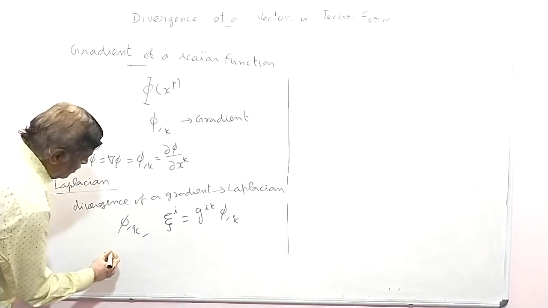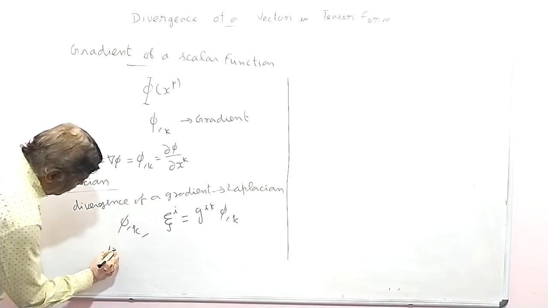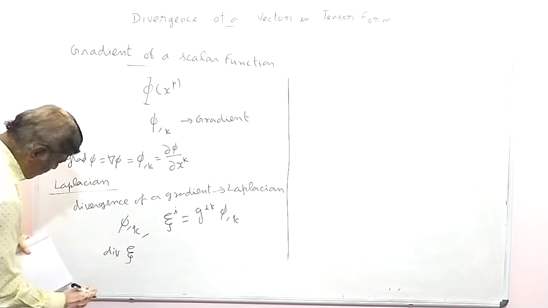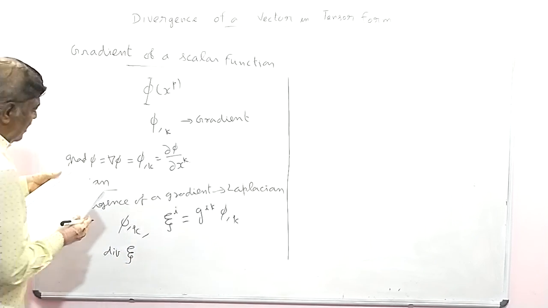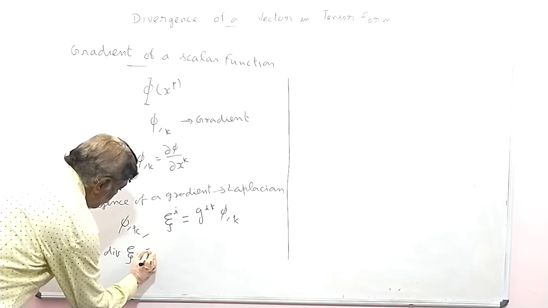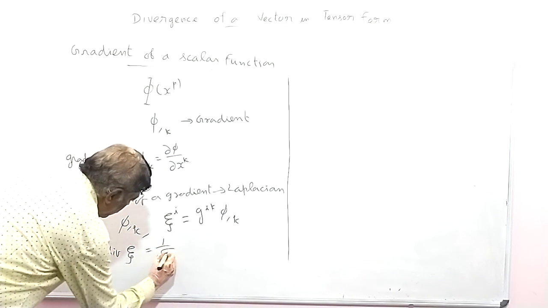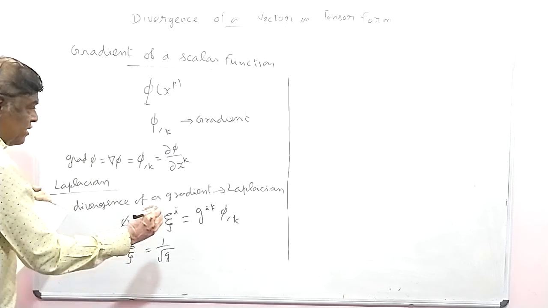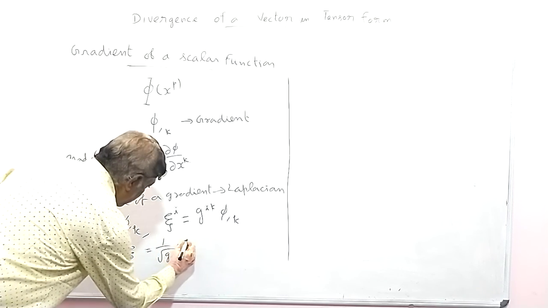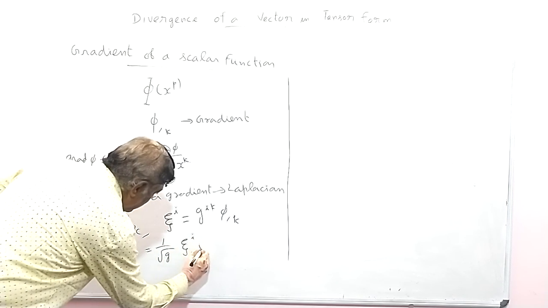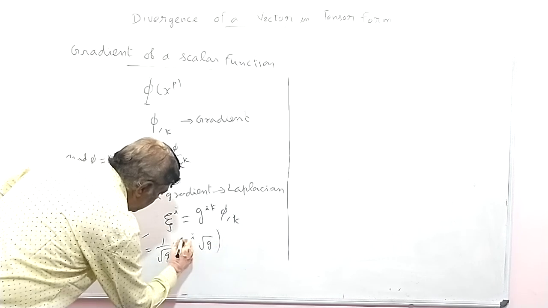So what is the divergence of psi? That we have already discussed. This is equal to 1 by root g, from the earlier result, d by dx i of psi i root g.